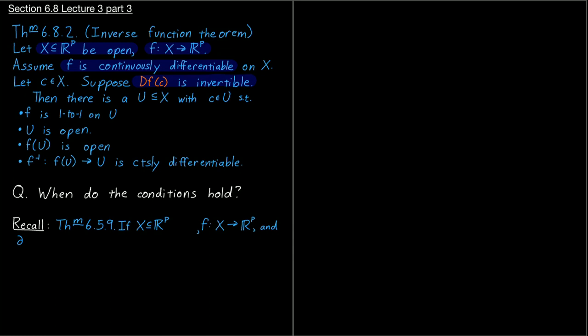And partial k of f sub j, that's the partial derivative of the jth component of f in the x_k direction, if that exists at the point x, for all x in X, and all j between 1 and p, also k between 1 and p.